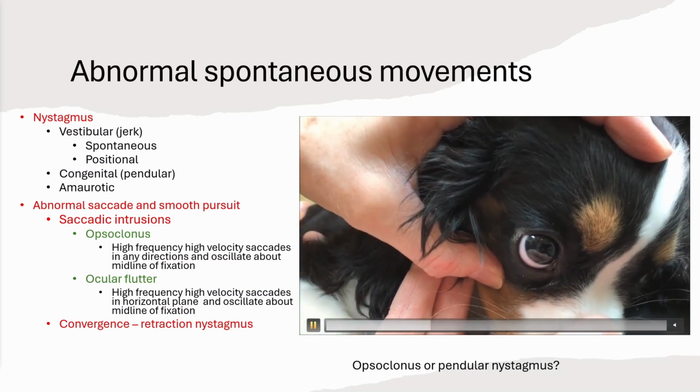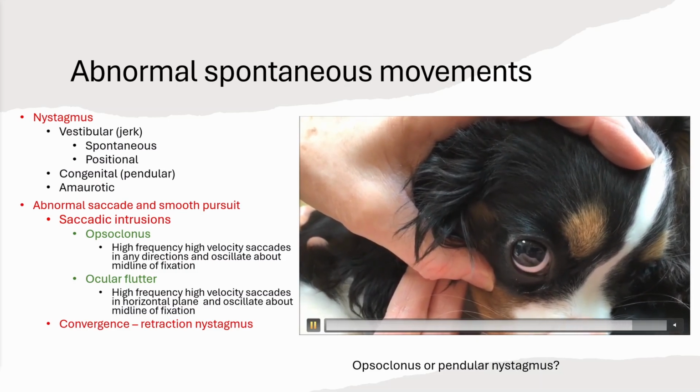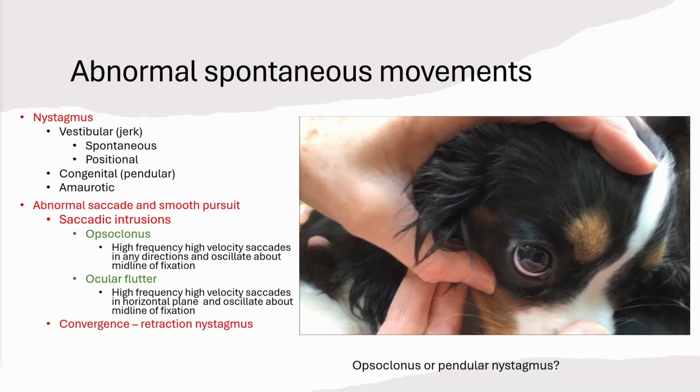When the dog moves its eyes, you can see it being more obvious. And then we have a convergence retraction nystagmus, which I'm not going to go into further right here.